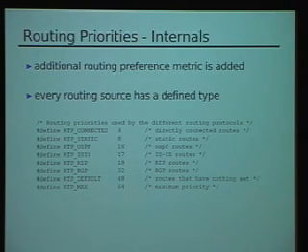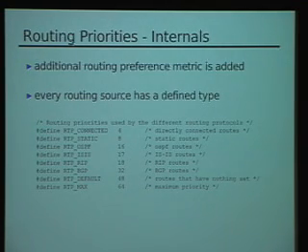So we define a few metrics that say the connected routes are the most preferred ones, then we have static routes, then the internal gateway protocols, and then the external protocols.